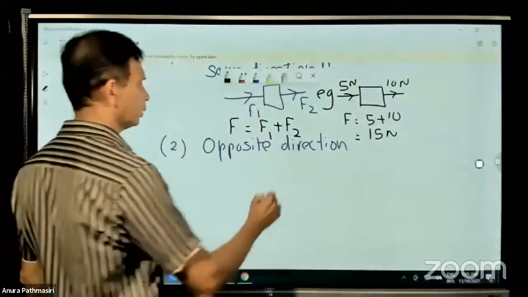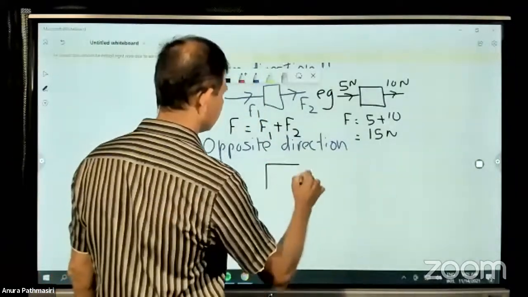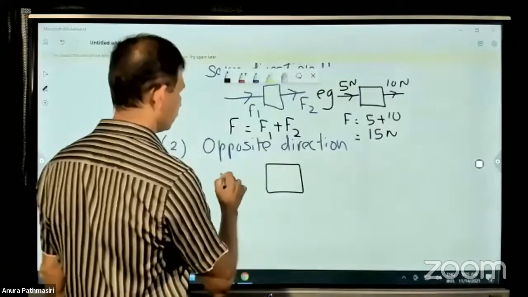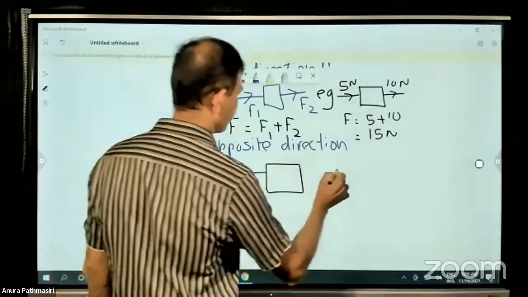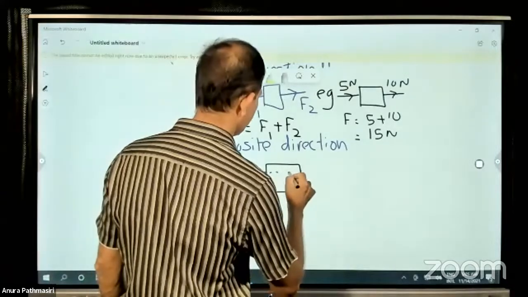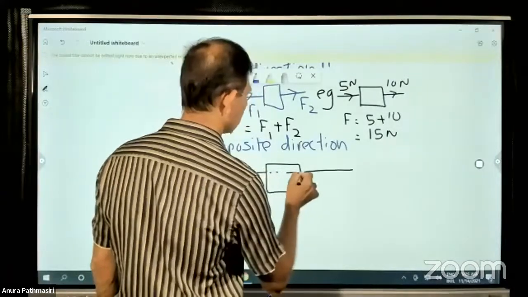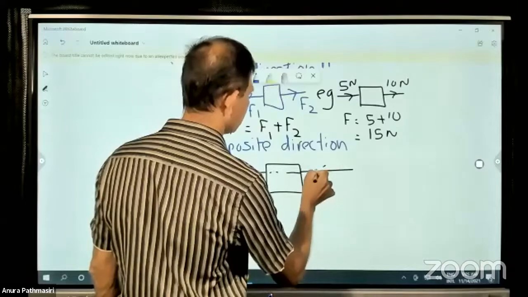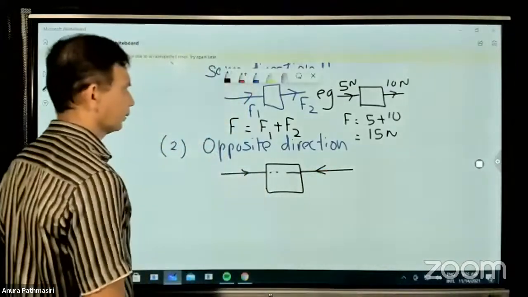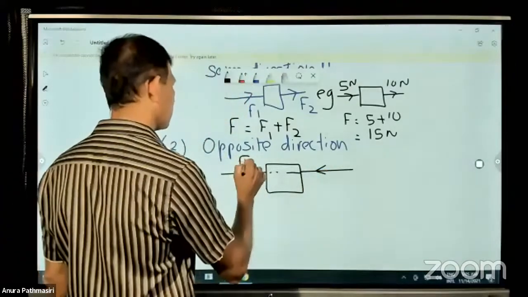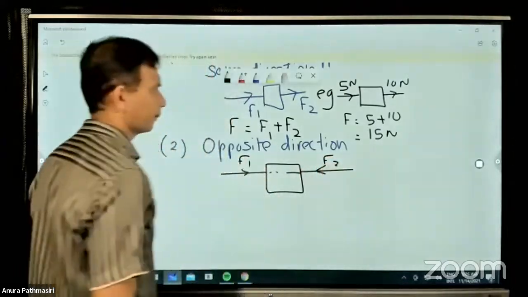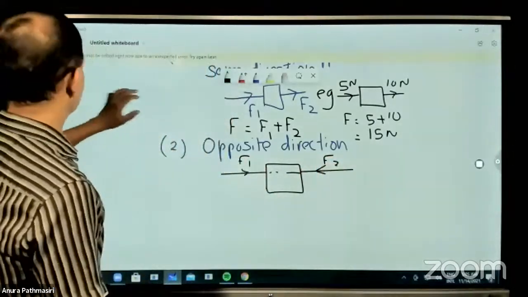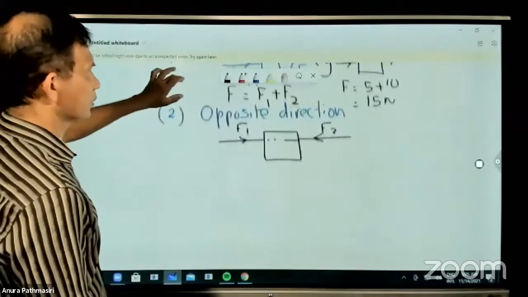One force is applied there, and in the same line of action, the other force is applied to the opposite direction. So this is F1 and this is F2.